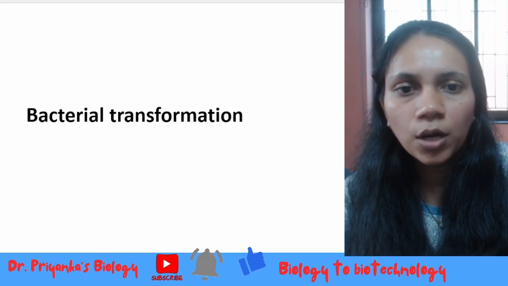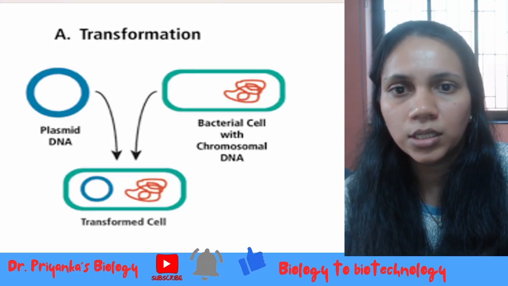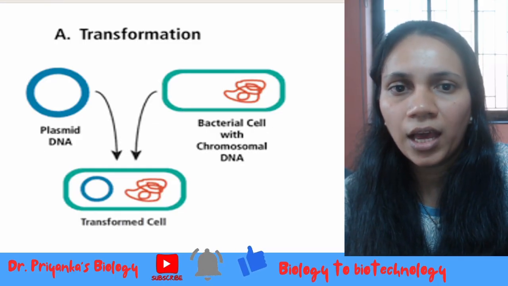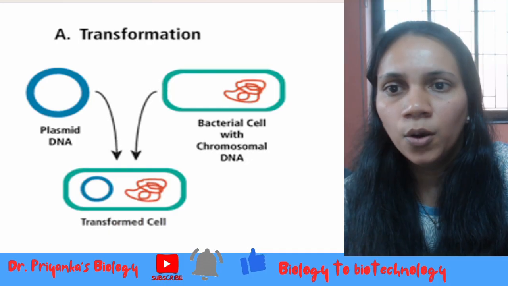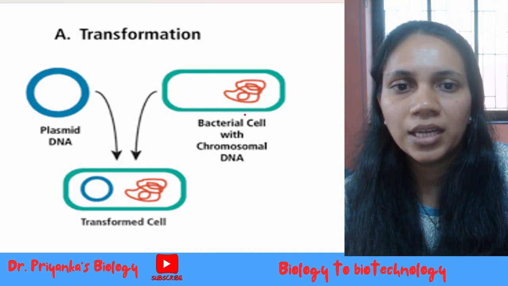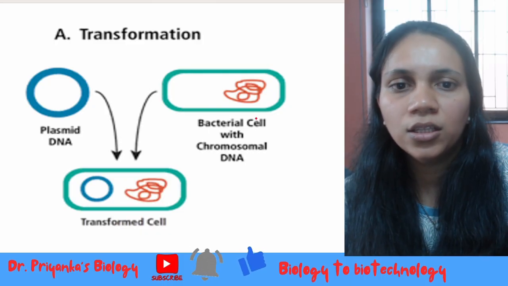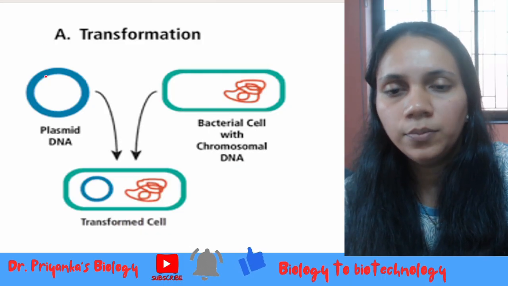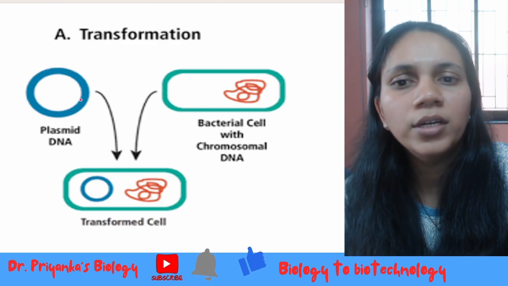Alright, now let us see the process. Here we have two components: one is the plasmid, and the second is the bacterial cell, which is carrying the chromosomal DNA. This plasmid is the foreign DNA.